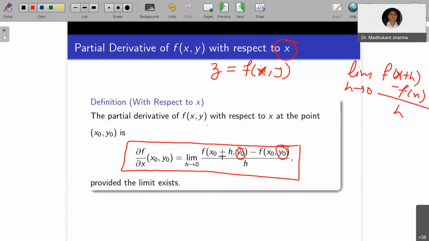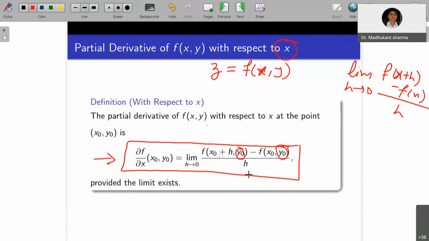Only increment in the x direction, take the difference, divide by h, then apply the limit. So if this limit exists, that will tell you this is the partial derivative, dou f by dou x, at the point x naught, y naught.